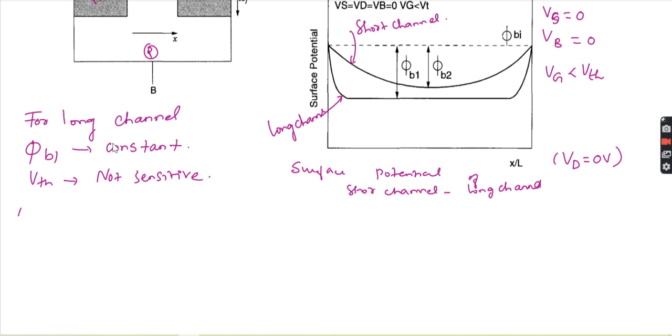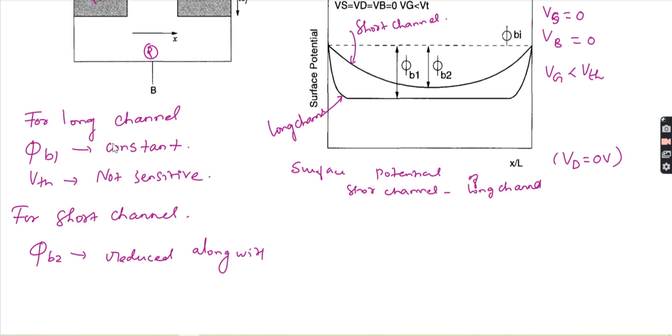But for the short channel, what happened? The phi B2 is reduced along with the scaling of channel length L. So the smaller the channel length, the lower the threshold voltage.